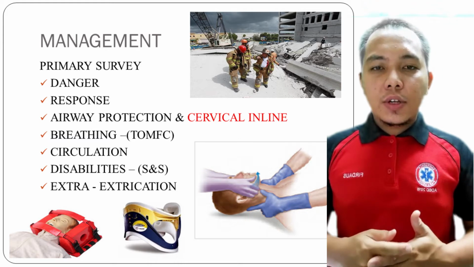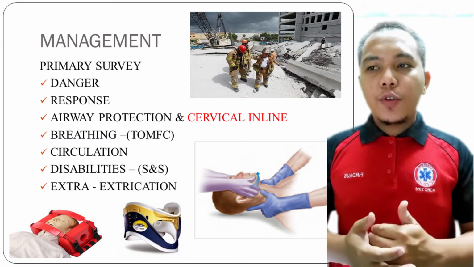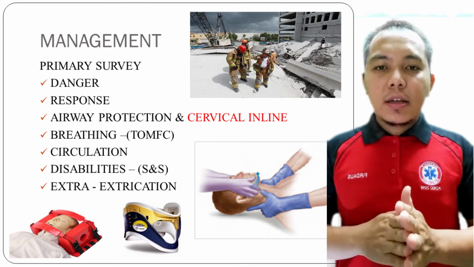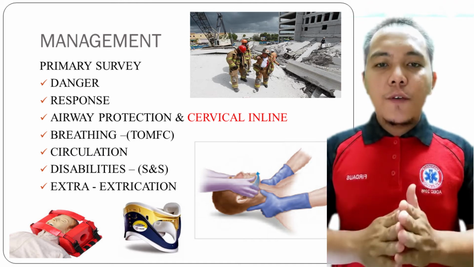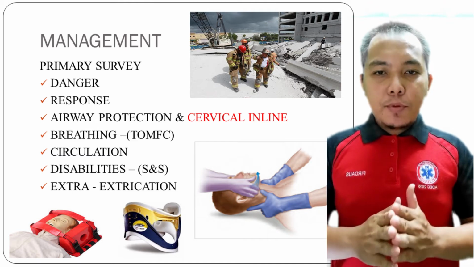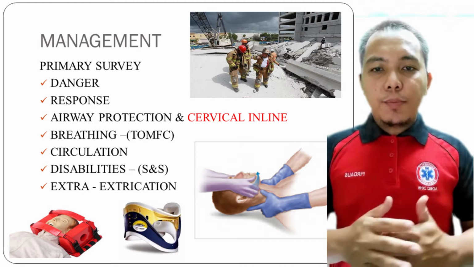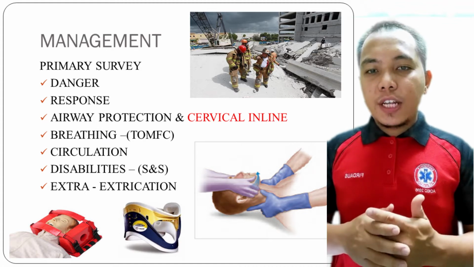If the patient has any problem with airway protection, please secure the airway first. Then put the cervical spine in line, and this procedure is supported with the cervical collar.